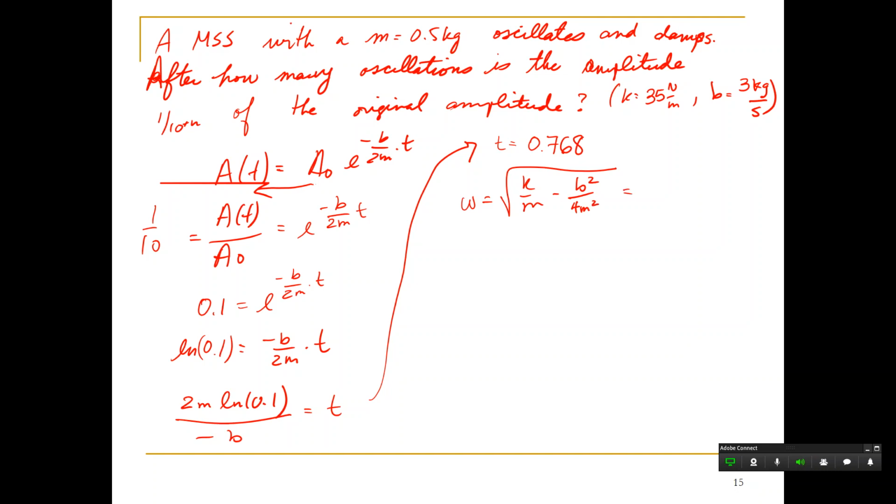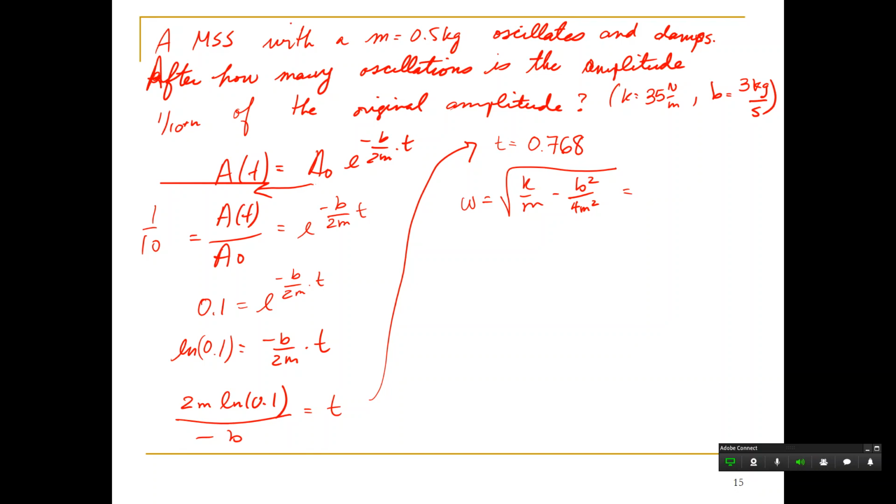So again, plug in the values. We have all of those variables. Tell me what you guys get. 7.81.